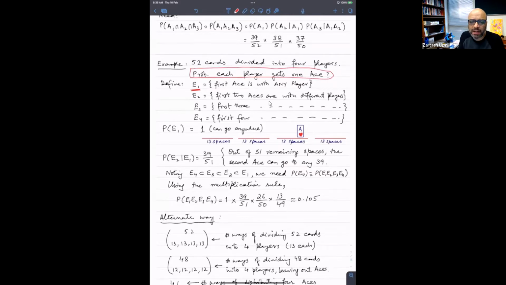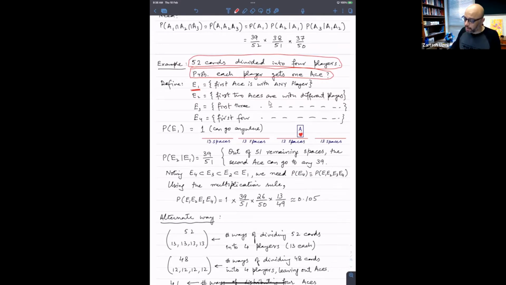This means there are 4 aces in the cards, and these 4 aces are one each with each player. Okay? And you have divided 13 cards among the players because these 52 cards are divided into 4 groups and each group has a size of 13. So 13 for the first, 13 for the second, 13 for the third, 13 for the fourth.